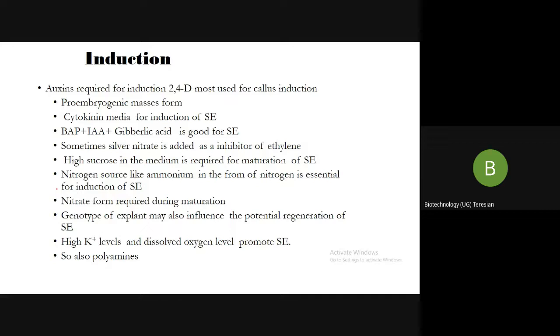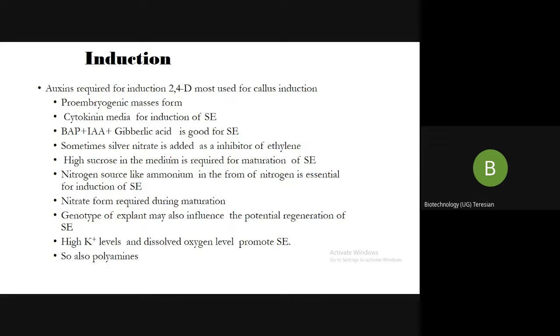It is also a growth regulator. But it has also been found that a combination of cytokinin, for example benzyl aminopurine, and auxin like indole acetic acid, and gibberellic acid is shown to give good progress in somatic embryogenesis formation.